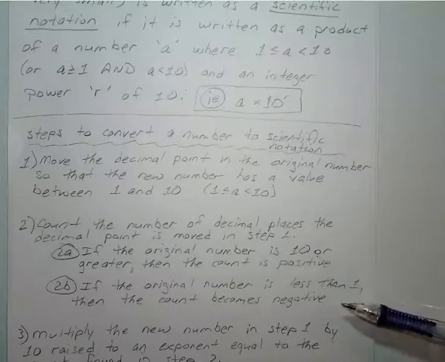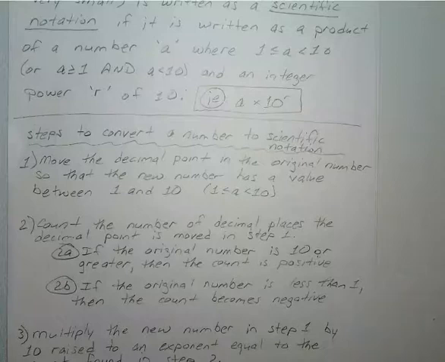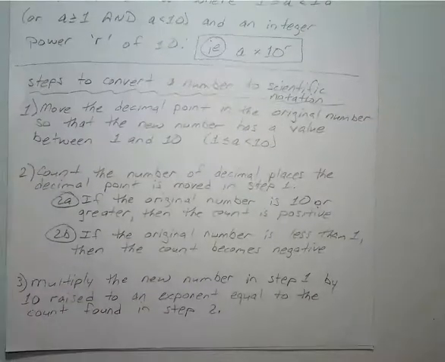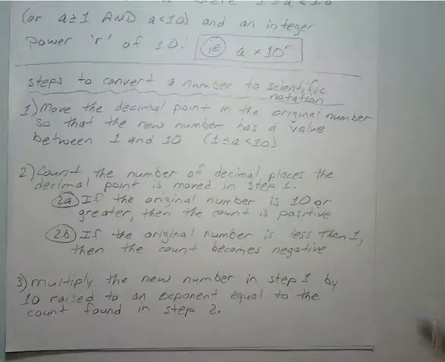But if your number is less than 1, then that's going to become a negative 6. Now your third step is you're basically going to combine steps 1 and 2. You're going to multiply your new number in step 1 by 10 raised to the exponent equal to the count in step 2.